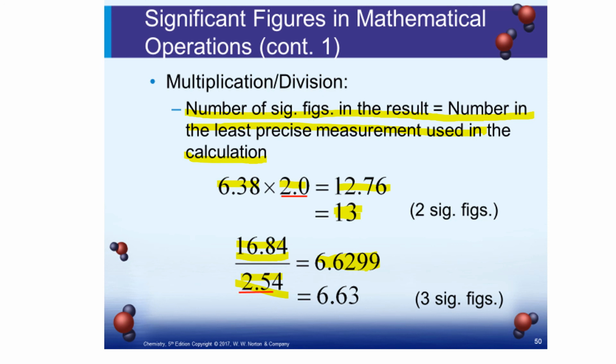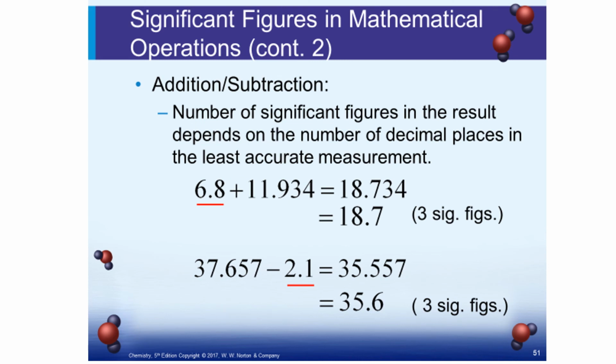The physical reality here is I only know up to 3 significant figures, so I need to round to 3 places. 1, 2, 3, that would be in the hundredths place here, so rounding to the hundredths place, I'd go 6.63. My 3 significant figures would match the least precise measurement I use in that calculation. If you were doing a whole string of 5 or 6 multiplications or divisions in a row, you would just look for your least precise measurement that was used in that and then round your final value to that.